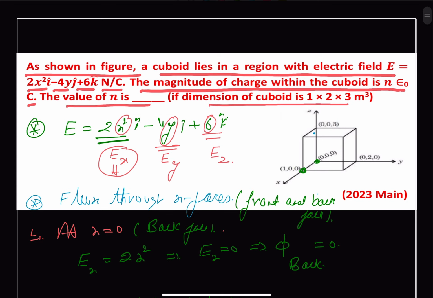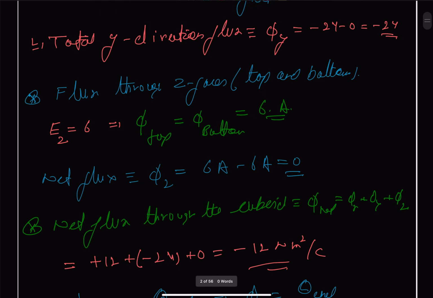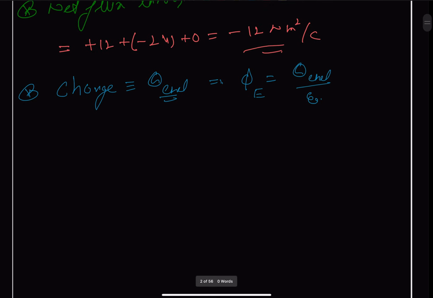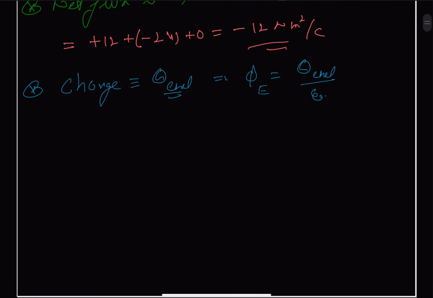Okay. And we are given that the charge enclosed will be equal to flux times epsilon naught, and this is equal to n times epsilon naught.